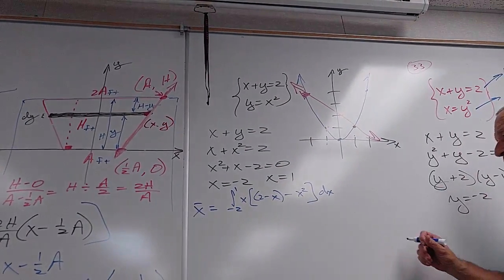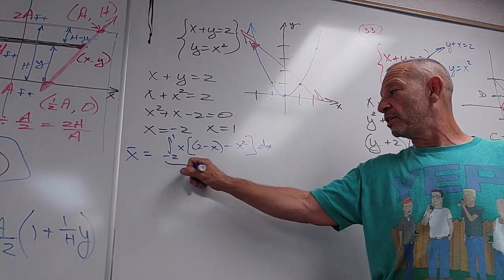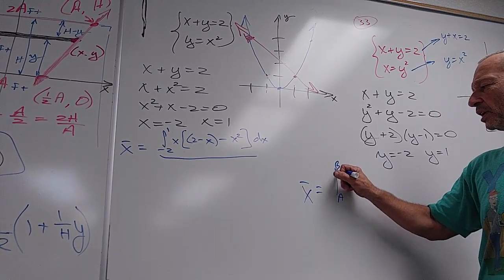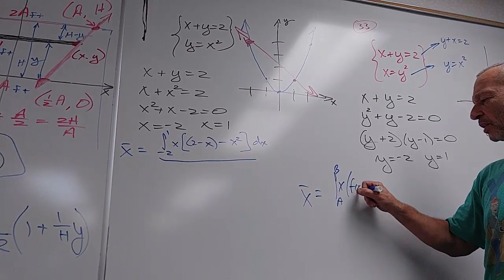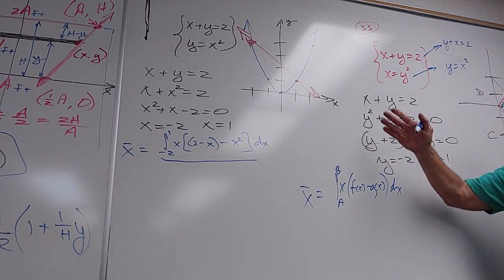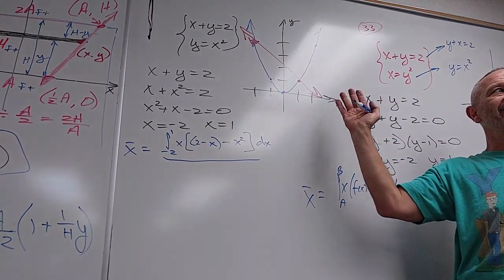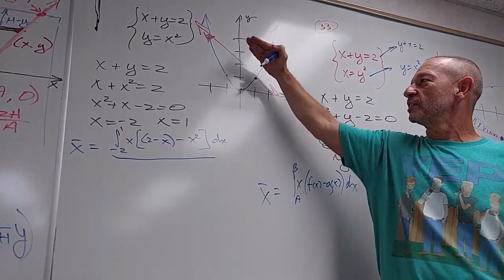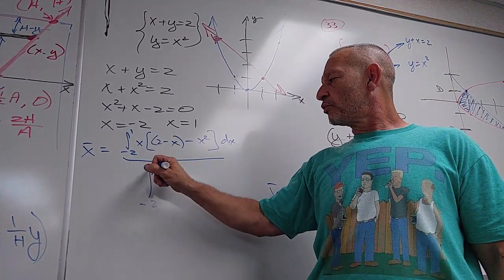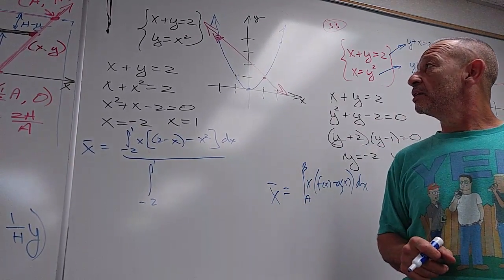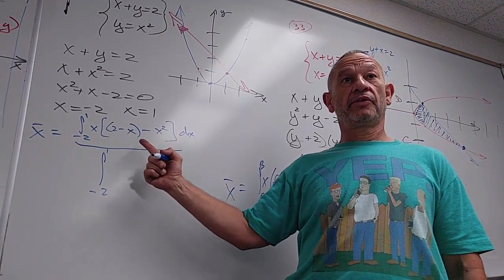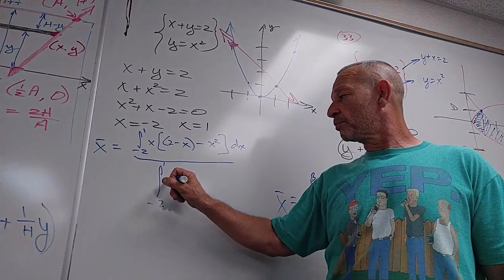What was that formula for x bar? The x bar formula was the integral from a to b of x times f minus g, and it's a normal integral, lines on top. And the area is the integral from minus 2 to 1 of the same thing, but without the x.